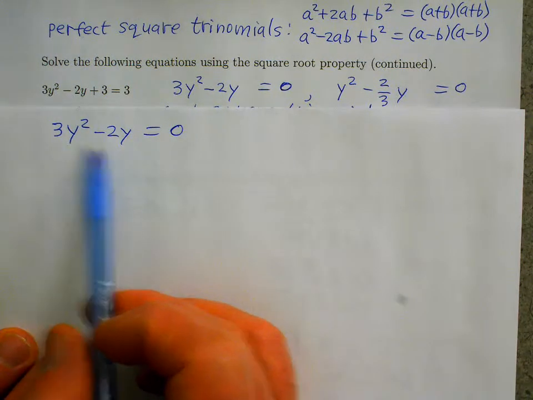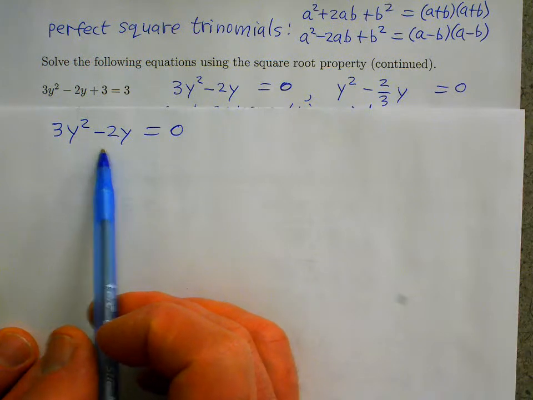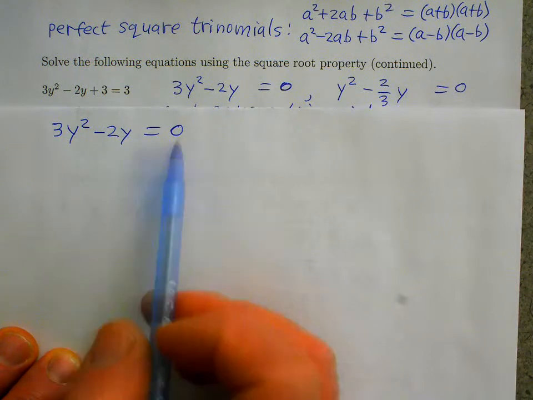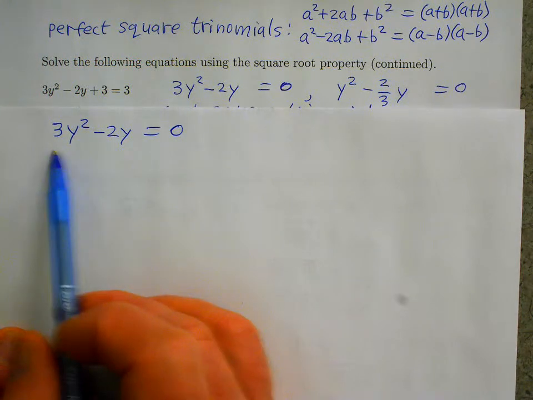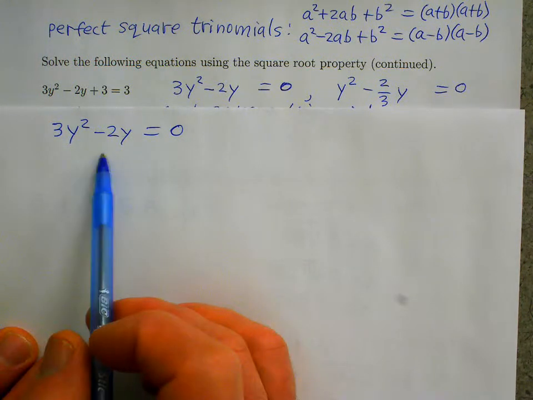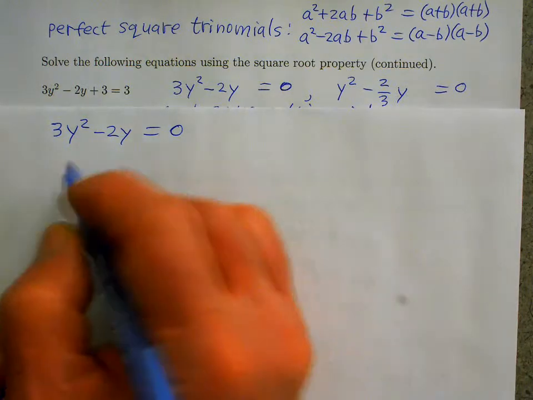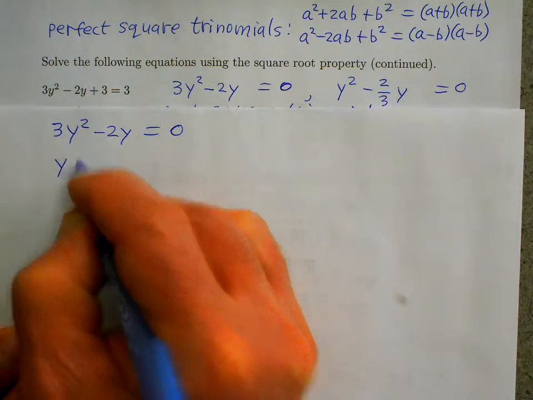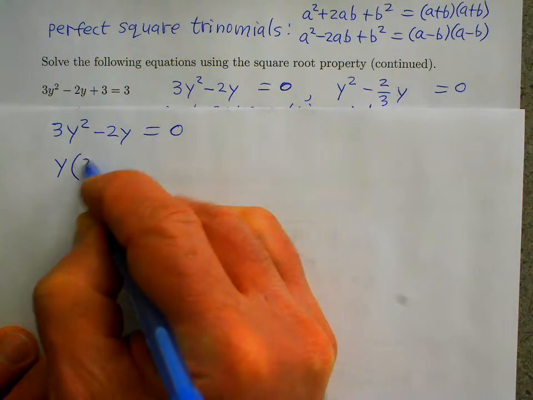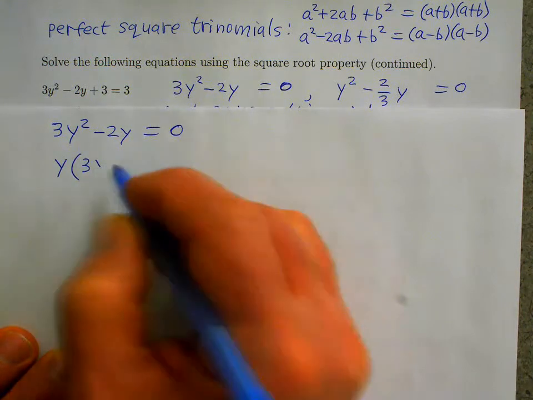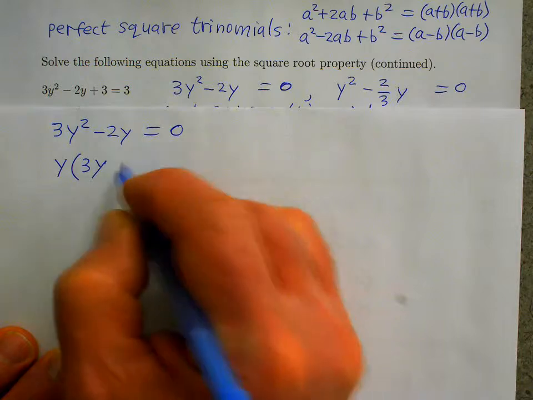But we can solve this equation by factoring. One side is 0, and we factor the other side. The greatest common factor of the two terms is y, so we factor y out, and the binomial is 3y minus 2.